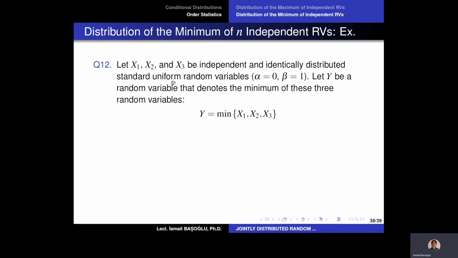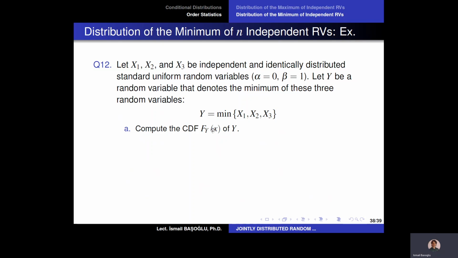Because it is defined as the minimum of these 3 random variables, most probably the value of y is going to be a lot closer to 0 than being closer to 1, right? If y was the maximum of these 3 random variables, then you would have seen that y is going to take values most probably close to 1, but less probably close to 0. Now, in this case, because it is defined as the minimum, we expect lower values than higher values within the unit interval.